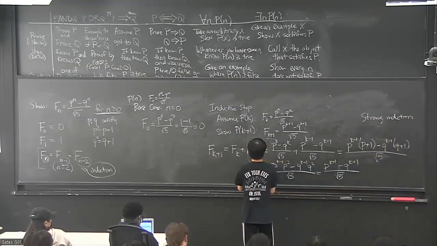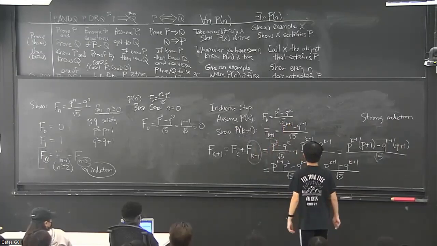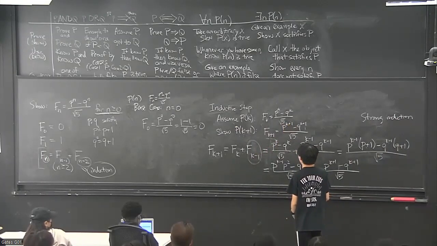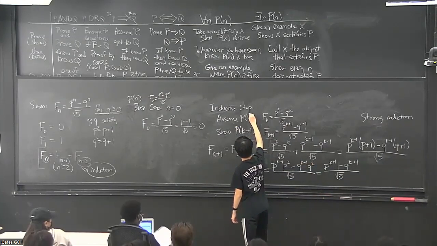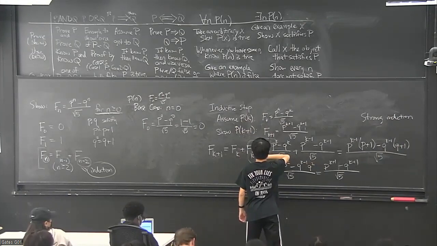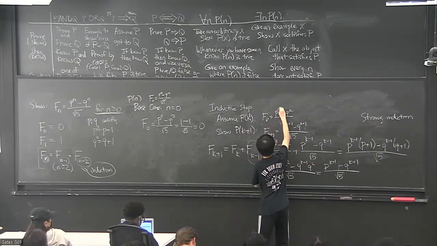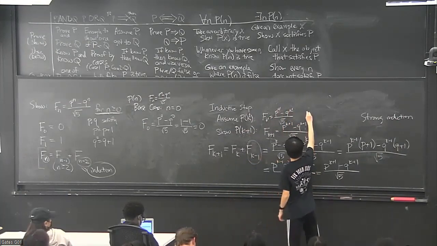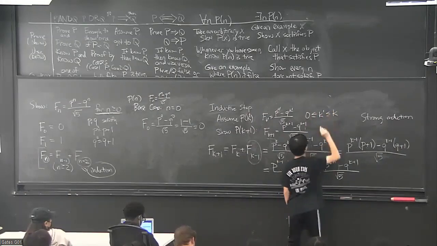You want to say something like, assume, let me just make a new variable, assume P of k prime is true for 0 less than k prime less than k.